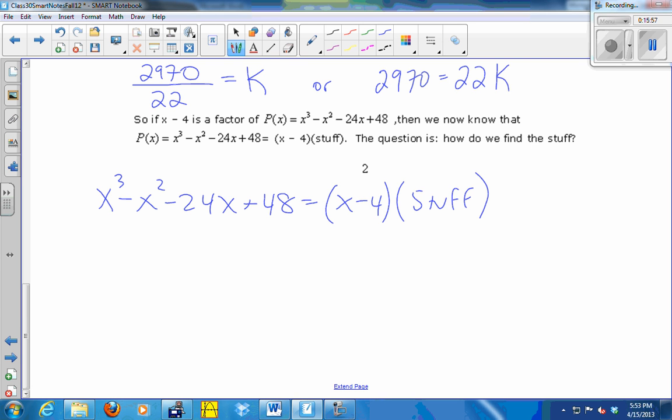Got a polynomial is equal to x minus 4 times something unknown. How could I figure out what that unknown stuff is? Yeah, divide both sides by x minus 4.